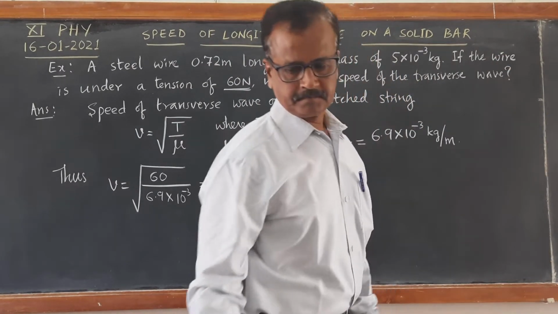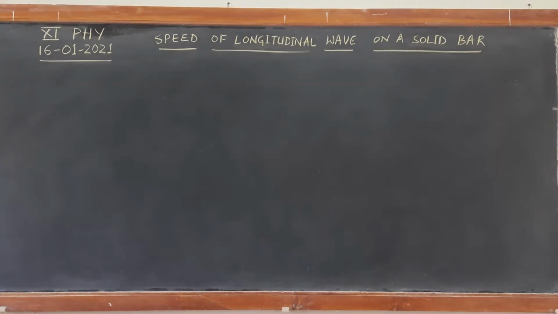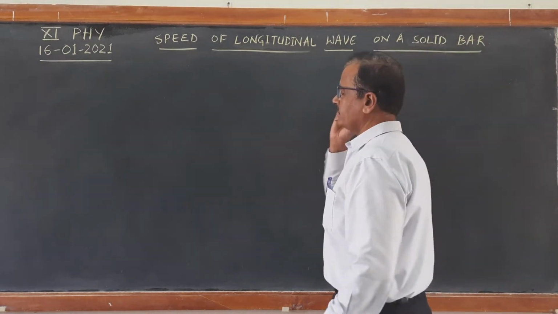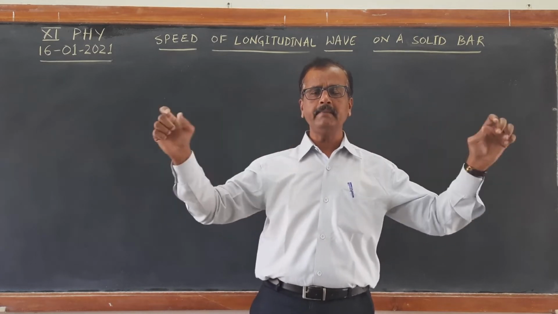Again, we have to consider here the elastic property and the inertial property. Now let us learn speed of a longitudinal wave traveling on a solid bar or a solid rod, like a metal rod or a metal bar.